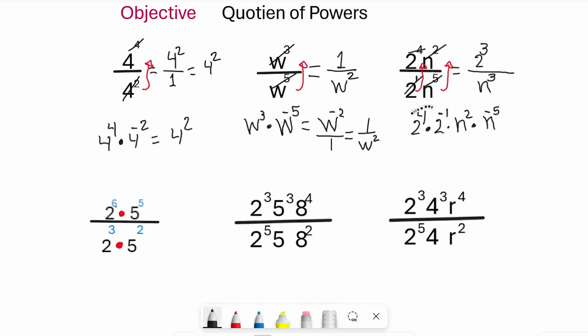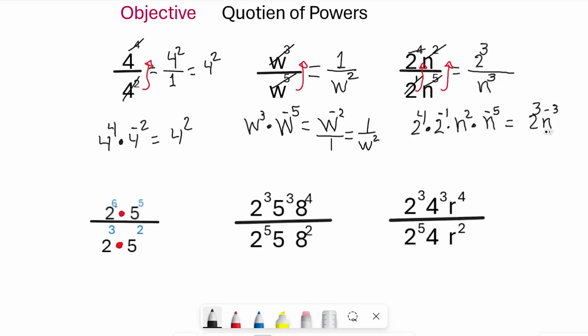Now adding the exponents, remember whenever you have multiplication between two powers, to get the answer, you're gonna be adding the exponents. So adding 4 minus 1, you get 2 to the third power, okay? And then adding n to the second power times n to the negative fifth power, you end up with n to the negative third power.